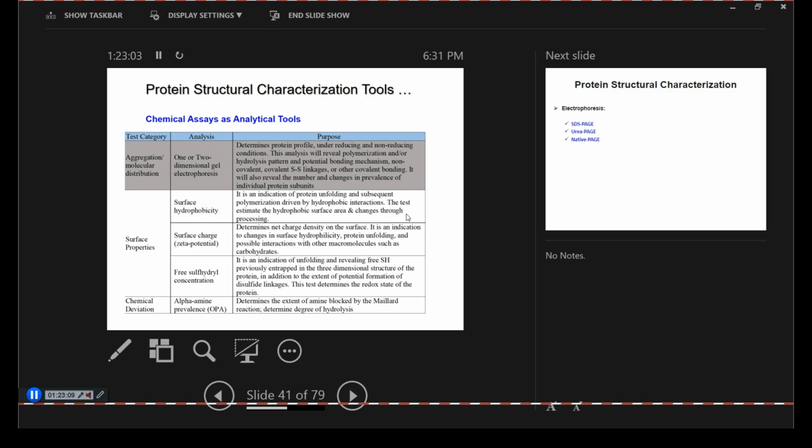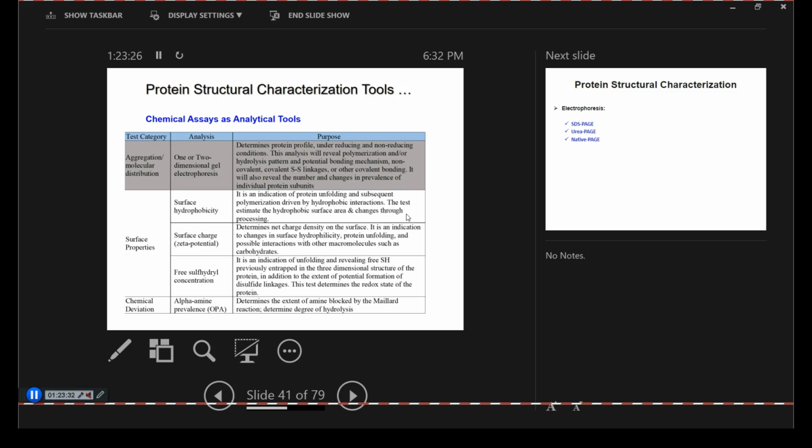If we solubilize our sample in different buffers, we can predict the interactions that happen. That means if I solubilize my sample without reducing agent and with reducing agent, I can see if I had polymerization due to disulfide linkages.